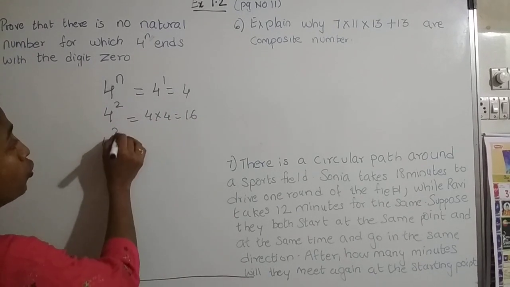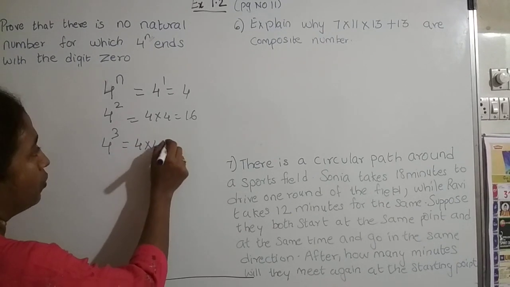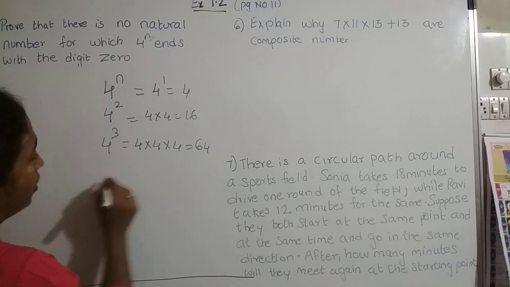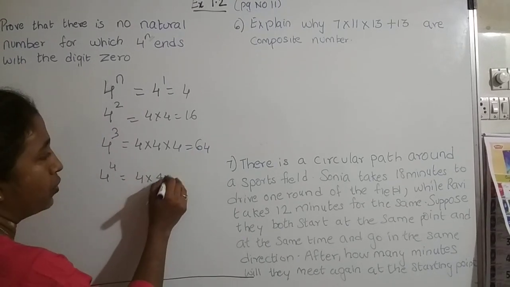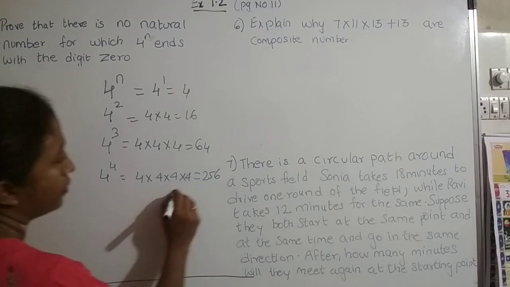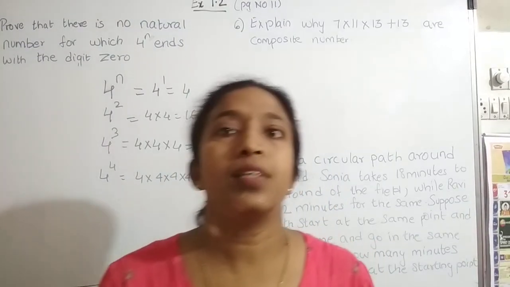If I take 4 cube, that is 4 into 4 into 4, so 4 4s are 16, 16 4s are 64. If I take 4 raised to 4, I get 256, correct? So what do you understand? The pattern of 4, 6, 4, 6, 4, 6 is repeating.